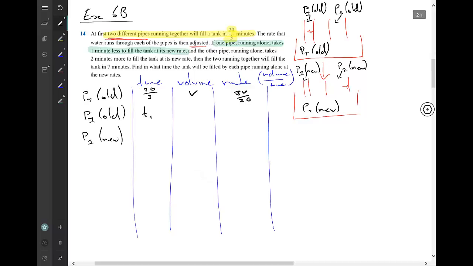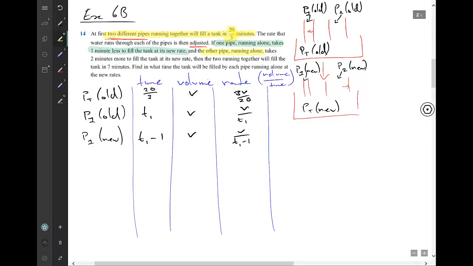And the new pipe takes 1 minute less to fill the tank. So T1 minus 1. Okay, volumes are the same as usual. So then the rate is just volume and time. So the rate for the old pipe is V on T1. The rate for the new pipe is V on T1 minus 1. Hopefully that's clear. We're just dividing the volume by the time.